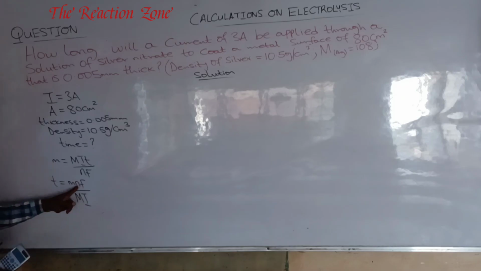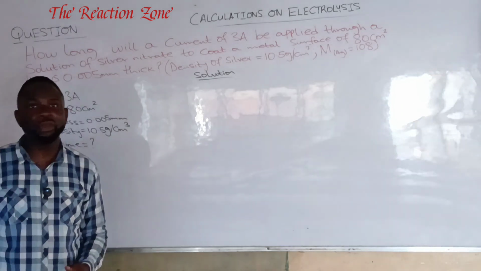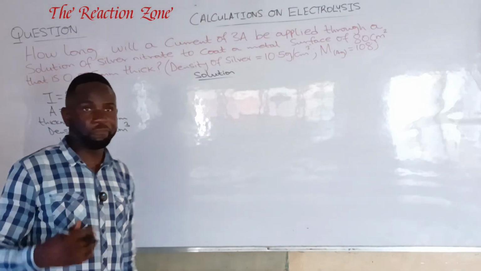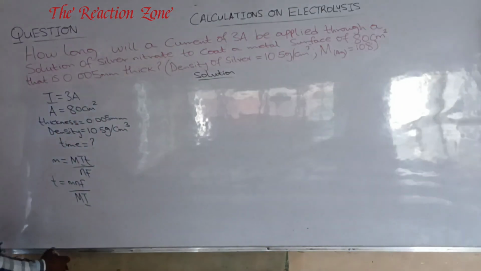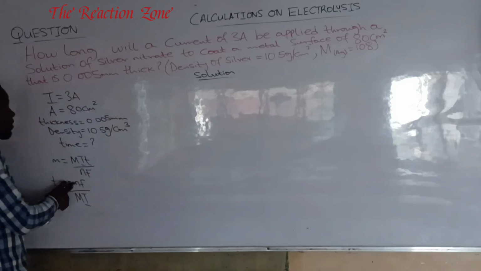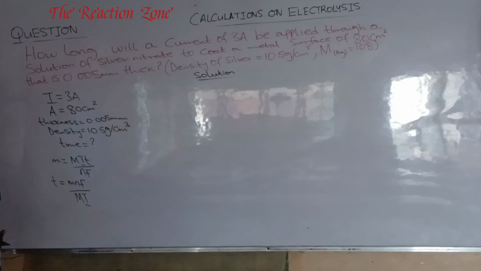We can find the value of n. We know the value of F, but we don't know the mass of silver. And it is impossible for us to find time without knowing the mass. So what this means is that the first thing we have to do is to find the value of M. That is the mass of silver that is deposited. Only then can we now find the time.